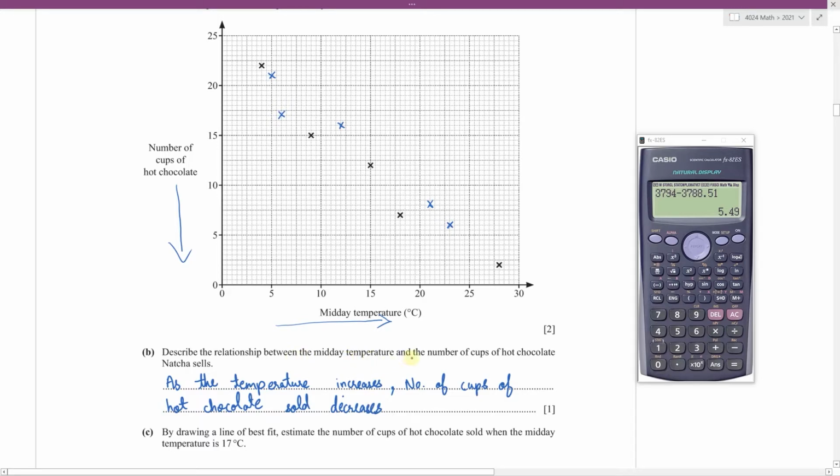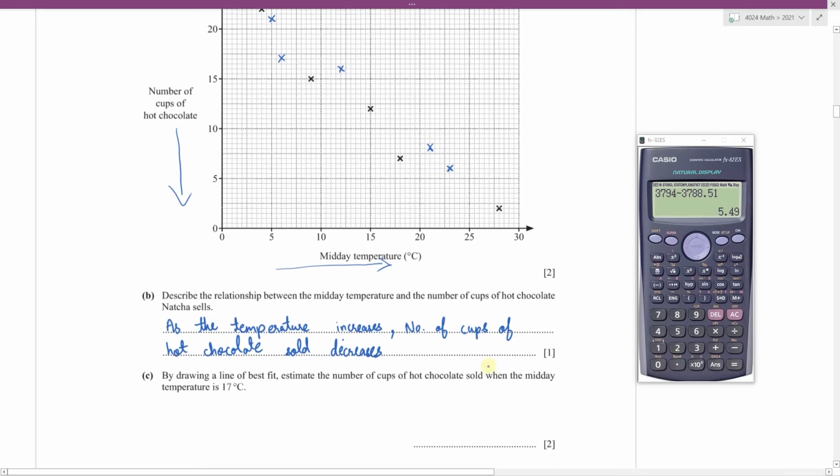So that's the relationship between temperature and number of cups of hot chocolate sold.